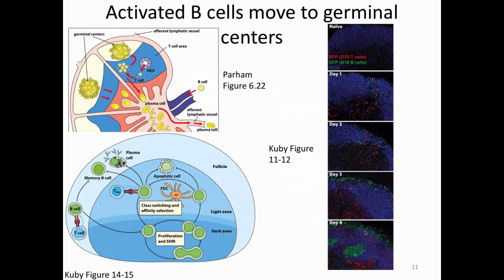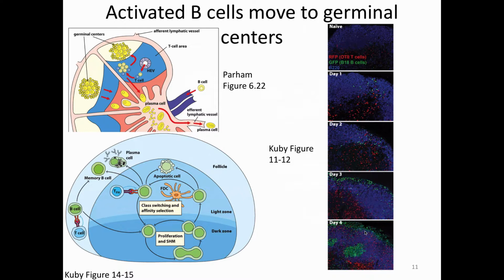However, those locations are not just any old place. There is one really important feature of the location where the B cell moves and forms its germinal center. The B cell is going to look for a specific thing in that location in order to go to that location and make a germinal center.